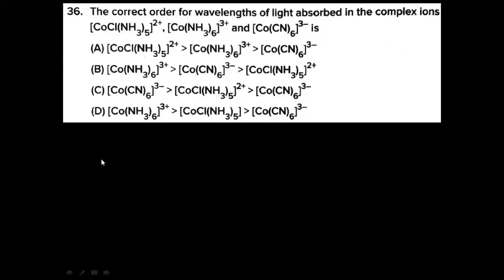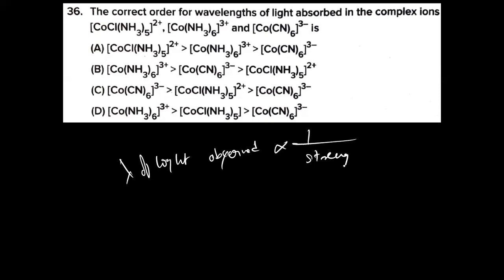36. The correct order of wavelengths of light absorbed in the complex ions [Co(Cl)(NH3)5]2+, [Co(NH3)6]3+, and [CoCl6]3- is. The wavelength of light absorbed is inversely proportional to the strength of the ligand.